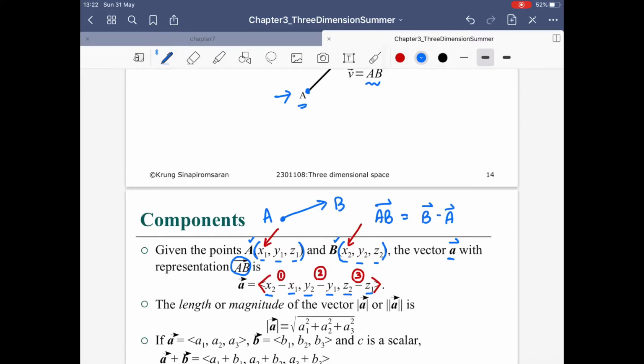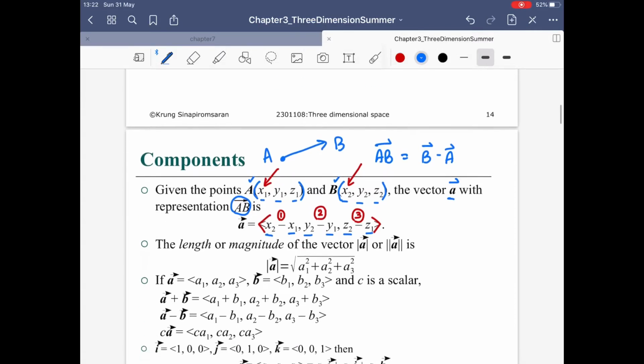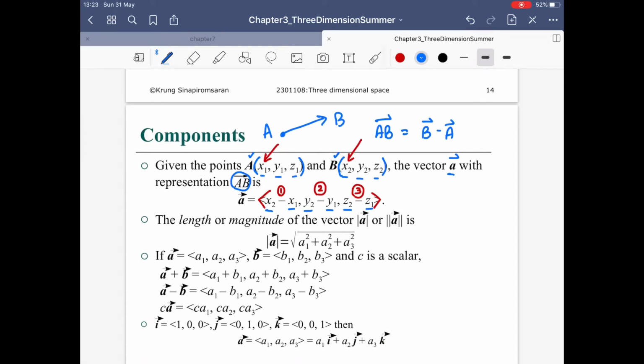Then the length or the magnitude of the vector, we usually use the absolute value, or sometimes the double absolute value like this, and it uses the Pythagorean theorem. So the length or magnitude of this vector is simply the square root of a1 squared plus a2 squared plus a3 squared.